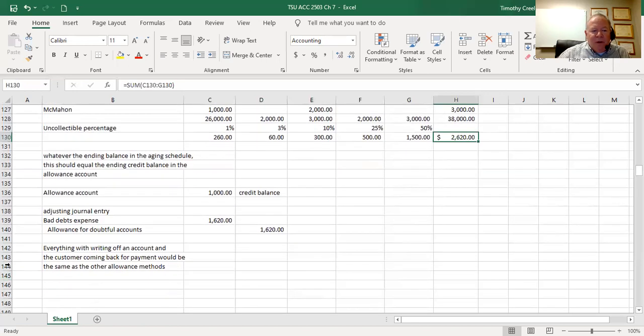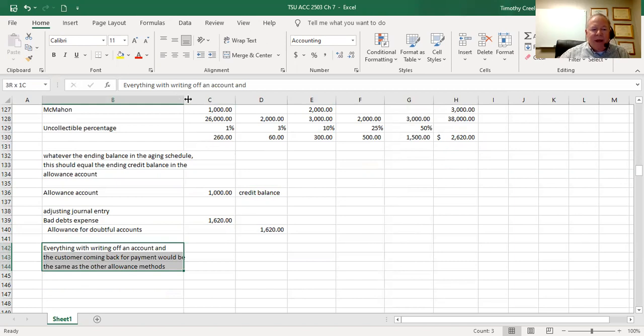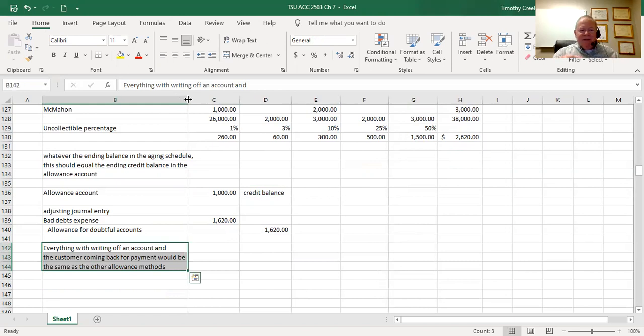Now, everything with writing off an account and the customer coming back would be handled in the same manner as the other allowance methods. The same manner as the percent of sales, the same manner as the percent of accounts receivable. Writing off an account, customer coming back and wanting to pay, reinstating the account, paying the account, all that would be handled the same way.